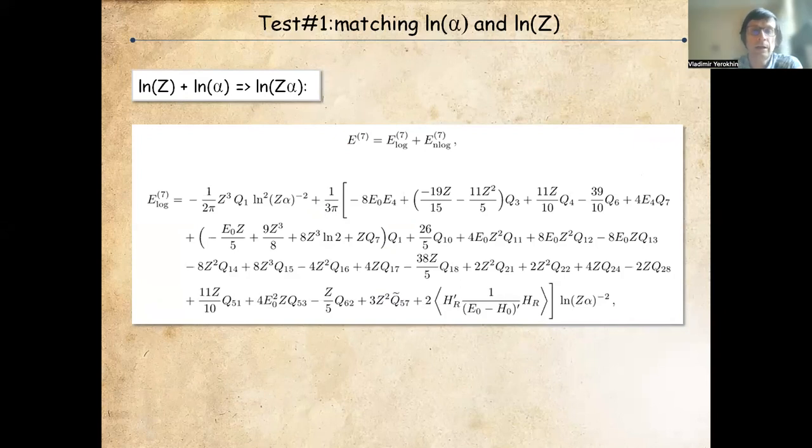So essentially, all electron terms here were derived twice: once as a coefficient at log alpha, and a second time as a coefficient at log Z. These both parts match together without any remaining contribution. So this very effectively cross-checks all electron logarithmic contributions.